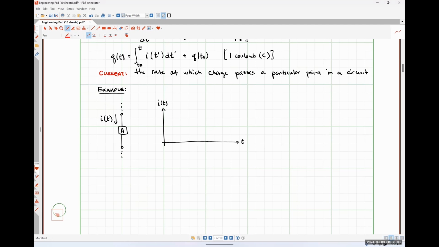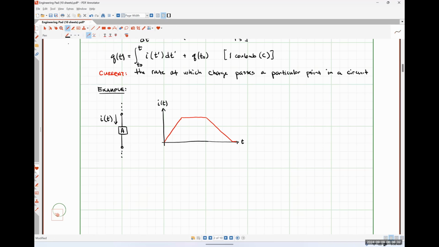so let's say that our current starts at 0 amps and increases up to some point, stays constant for some amount of time, and then decreases and then stays at 0, like so.